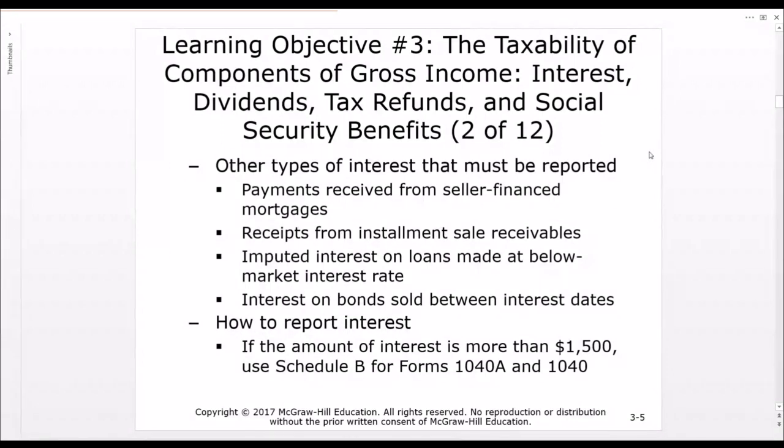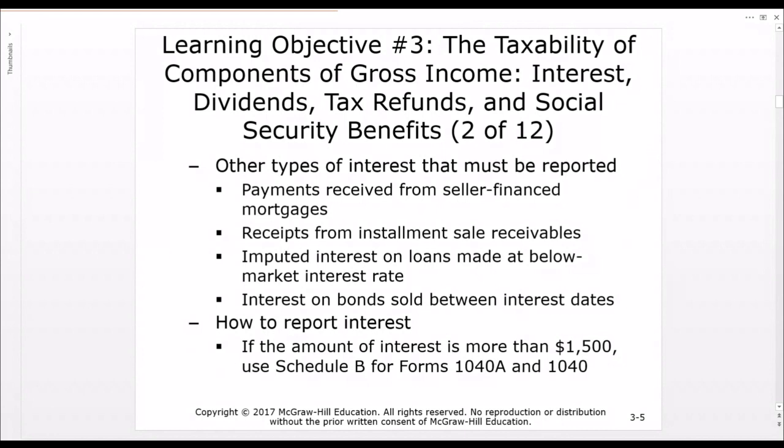If your sibling was buying the home from you, and you said, "Hey, I'm going to receive the payments, and every single payment is going to be a certain amount of interest per year," then obviously that interest per year or that interest per month is going to be interest income for you from selling that home. Okay. And it's saying here, if the amount of interest is more than $1,500, use Schedule B for forms 1040A and 1040.